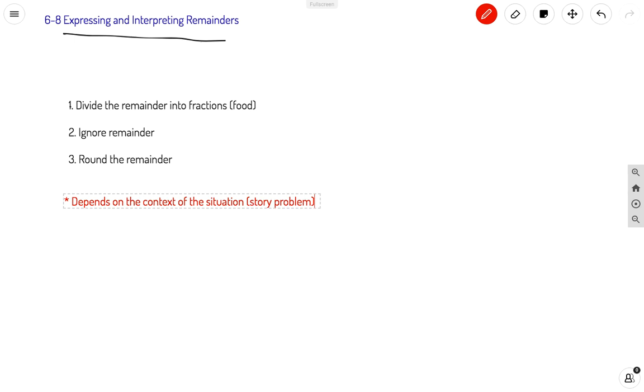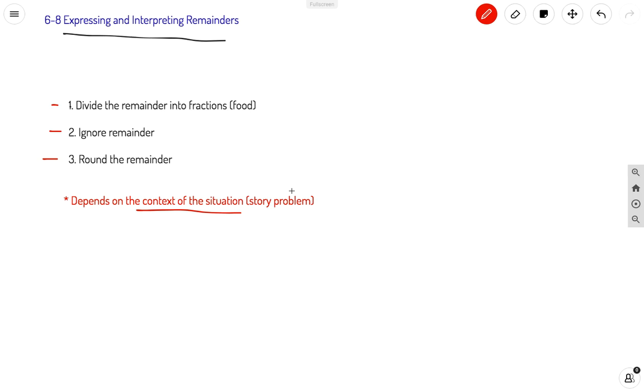That's why I drew pictures, because I thought it made it a lot easier to visualize and understand when we draw a picture that goes along with it. So make sure that when we're trying to decide which strategy or method we're using to express and interpret our remainders, we're looking at the context of the situation that the story problem gives us.